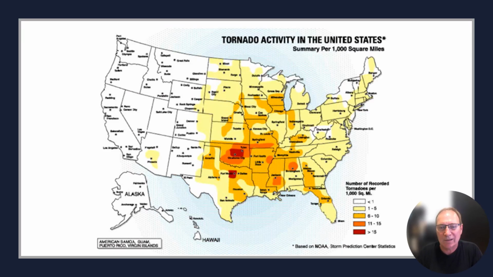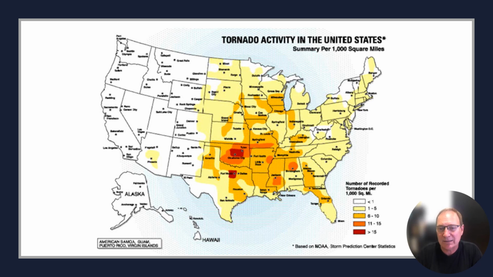So our last slide looked at F3, F4, and F5 tornadoes and a cumulative total. This looks at all tornado activity, and it's from the National Oceanic and Atmospheric Administration, NOAA, and it's giving us a number of tornadoes per 1,000 square miles.